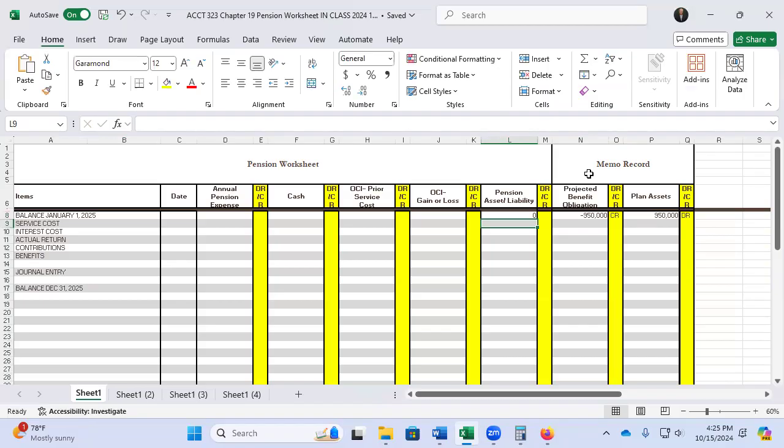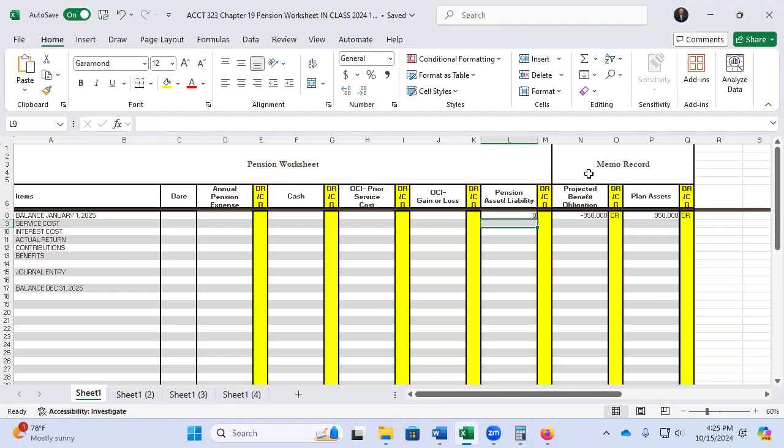What do we call that? Does anybody remember from the text? It's fully funded, right? It wouldn't be underfunded or overfunded. It's exactly at it.